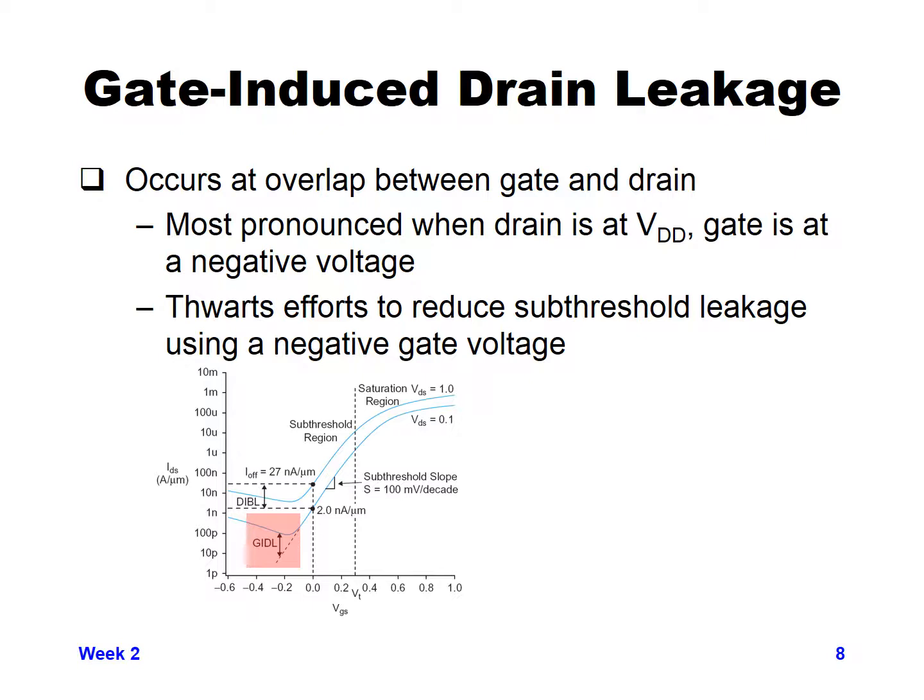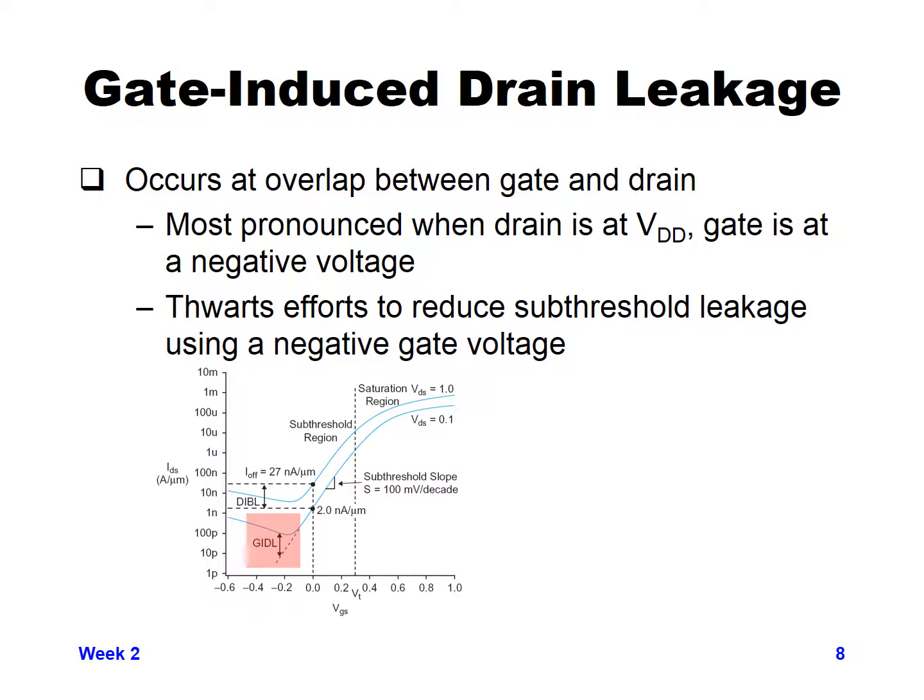However, there are some usage cases where people try to have gate voltages that go below ground, and this is done in order to reduce the normal leakage between your drain and source. But when you have your gate voltage go below ground, then you start getting this gate-induced drain leakage that offsets that and causes this to be at least a noticeable effect that has to be accounted for.